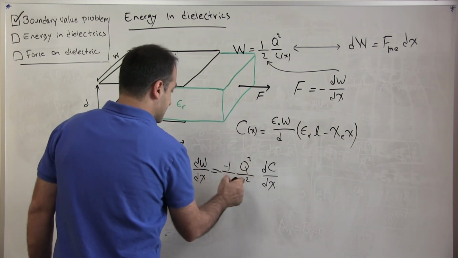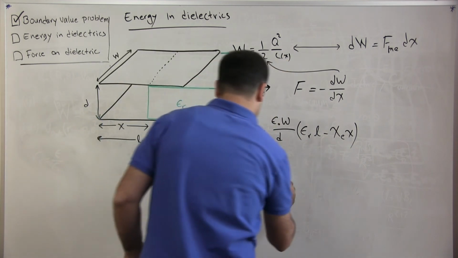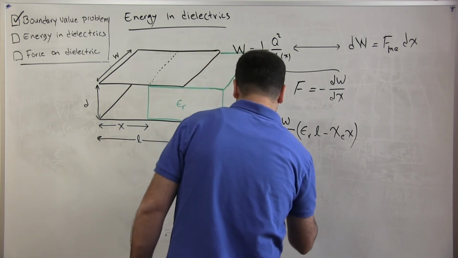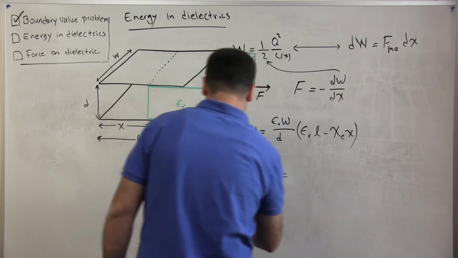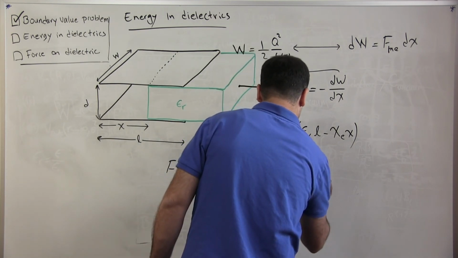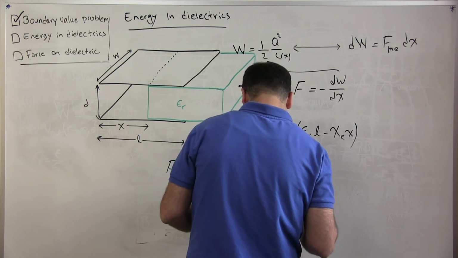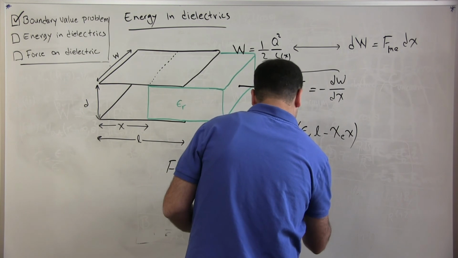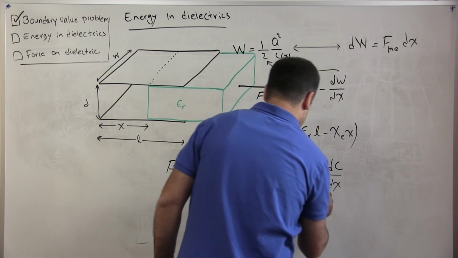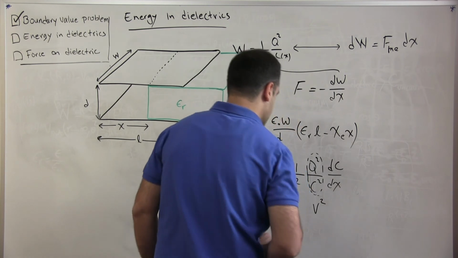And then we get a negative sign because we are taking the derivative with respect to C. So one negative sign cancels out this negative sign, and we get 1/2 Q squared over C squared times dC over dx.